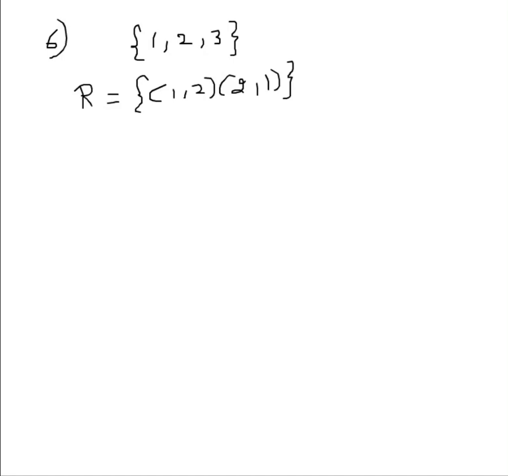The definition of a relation is a subset of A cross A. A has 3 elements, so A cross A will have 9 elements. Out of these 9 elements, this relation has 2 elements. So this R is a subset of A cross A. We have to show that this relation is symmetric but neither reflexive nor transitive.